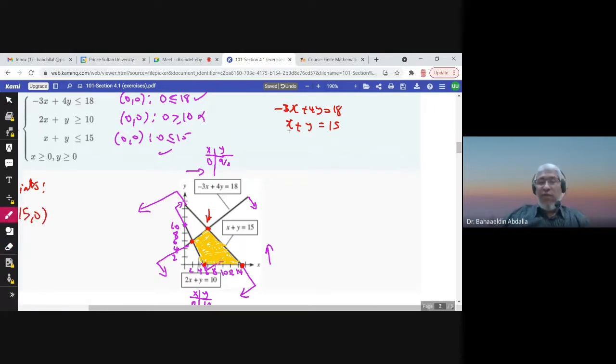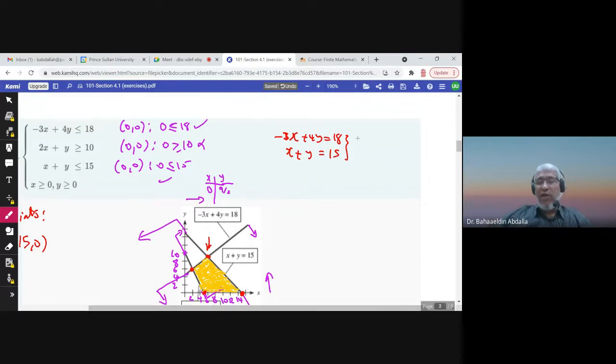I have negative 3x here and x here, so I will multiply the second equation by 3. So I have negative 3x plus 4y equals 18. And when I multiply by 3, I have 3x plus 3y equals 45. So 4 plus 3 is 7y. 45 plus 18 is 63.